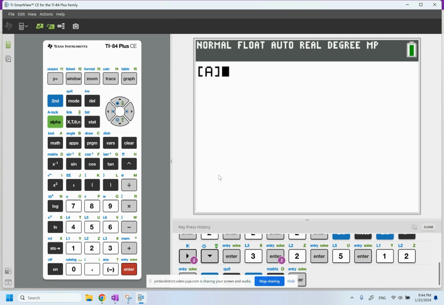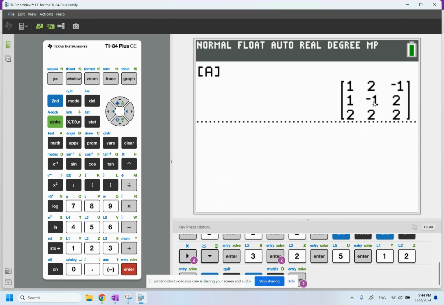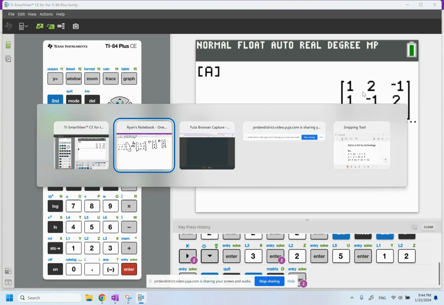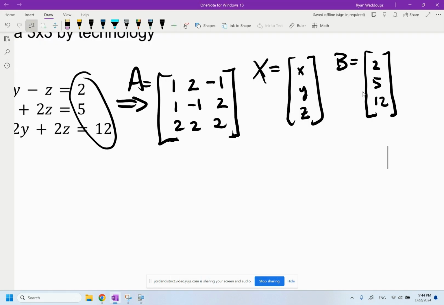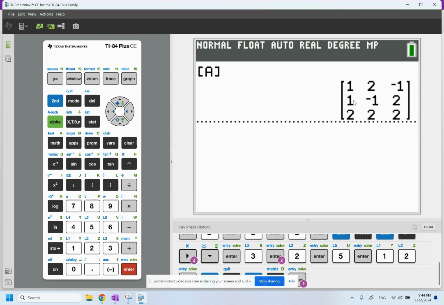And now if I hit enter again, it brings up the matrix that I entered: 1, 2, negative 1, 1, negative 1, 2, and then 2, 2, 2. And yep, that's what I wanted. That's what I had on the other side: 1, 2, negative 1, 1, negative 1, 2, and then 2, 2, 2. So that's all good. And I could do the same thing with B, but really from here, it's pretty easy.